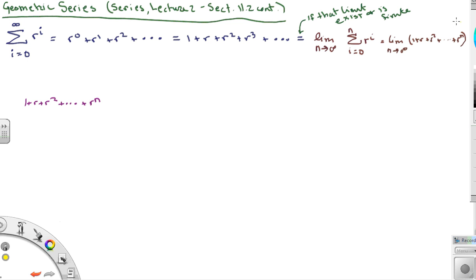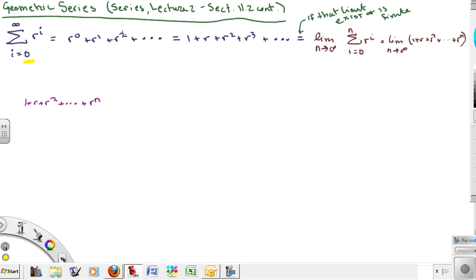When we define series, we start the index with the lower limit i equals 1 to infinity. That lower limit can be any integer you want. Whatever integer you start with, you go through all of the integers from that point on. So if I start with i equals 0, my first term in the series is r to the 0. The second term is r to the 1.